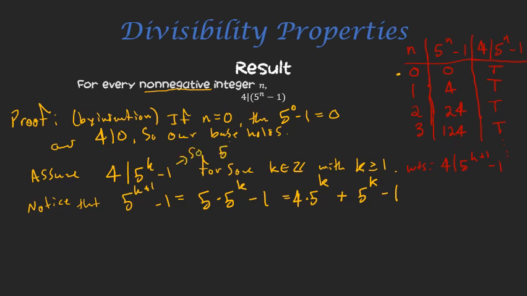We can write 5 to the k minus 1 equals 4 times x, for x in the integers. So we know that's true, and I'll use 4 times x for 5 to the k minus 1 here. So this is equal to 4 times 5 to the k plus 4 times x.